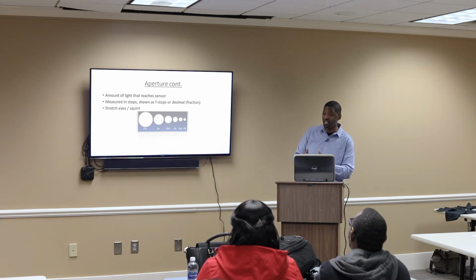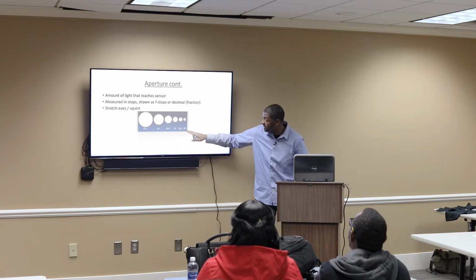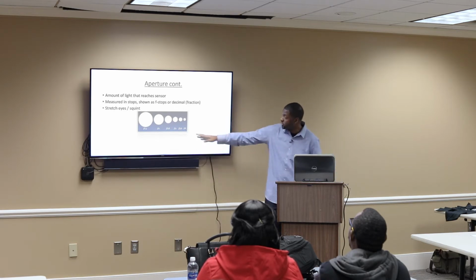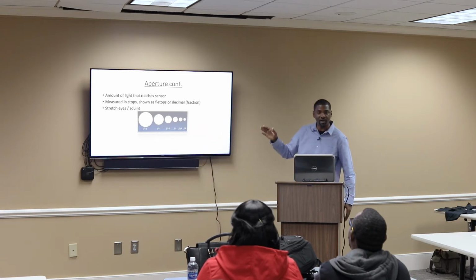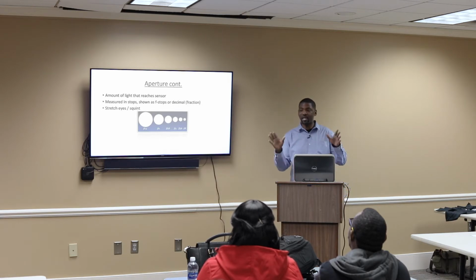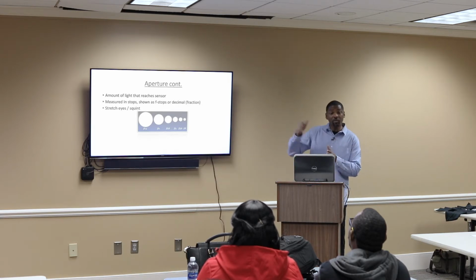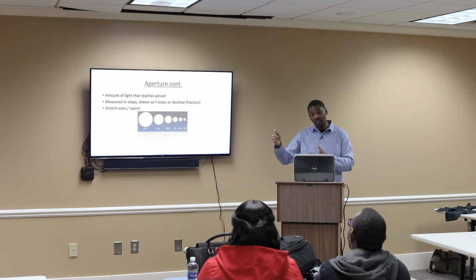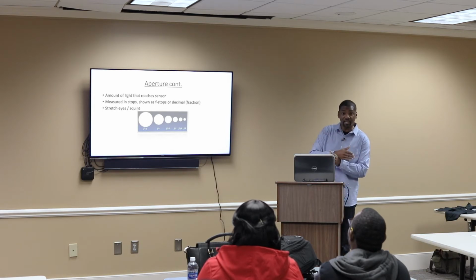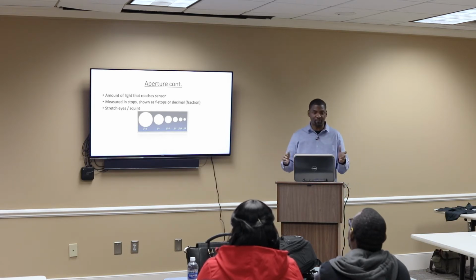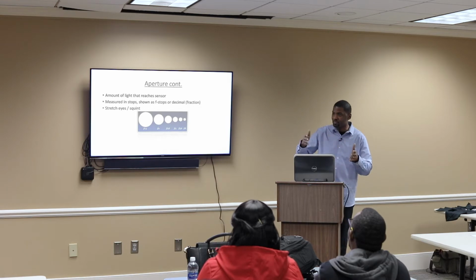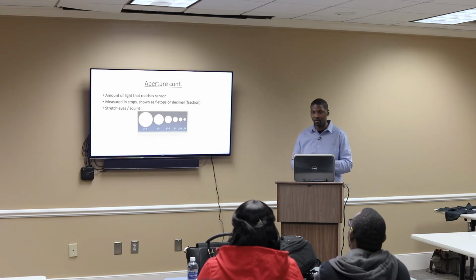If you cut the setting in half, you just cut it in half. So you decreasing the amount of light by one stop of light. So a stop of light is nothing more than increasing it by doubling it or decreasing it by cutting it in half. That's a full stop of light. And of course, you got increments in the middle, a third of a stop and all of that.